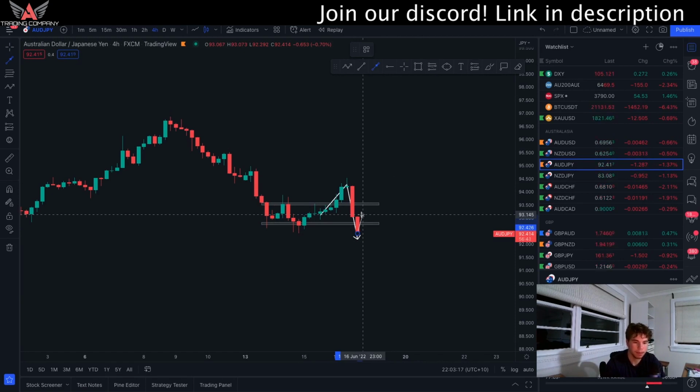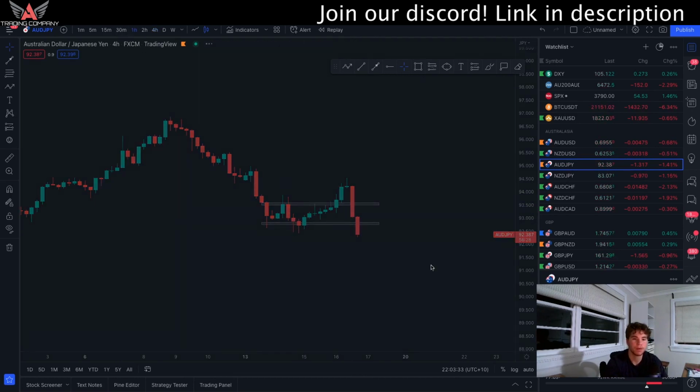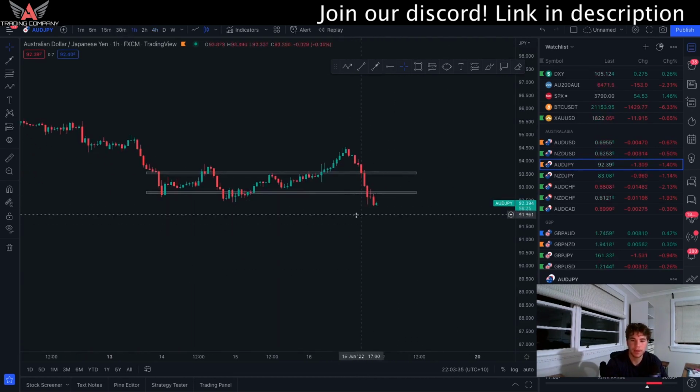It's currently 10 p.m. Sydney time, so middle or towards the end of the London session. There's a high chance price could wick up and reject this level. Okay, so I don't want to be looking at trades, especially selling trades, when this is happening. Okay, if we look at the 1H, let's say this 4H does close below this level.